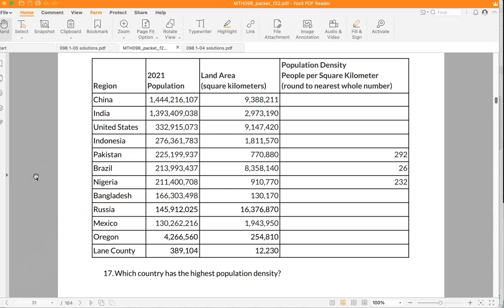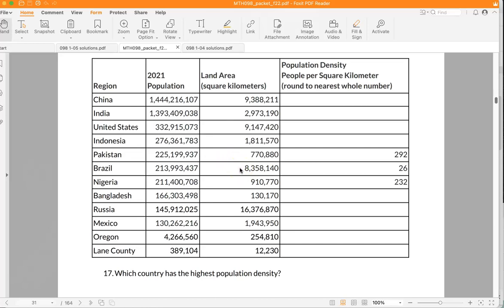So this table on the following page, we can look up the land area. And we can see that Russia is the largest country by land area, China, then the US, and then Brazil.